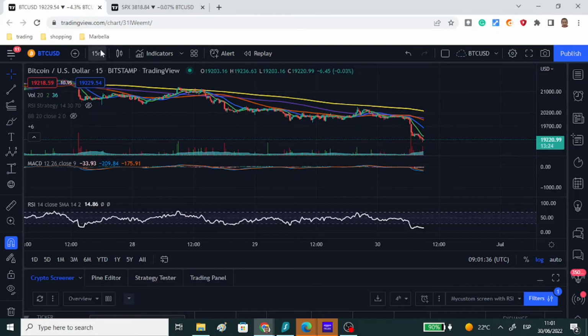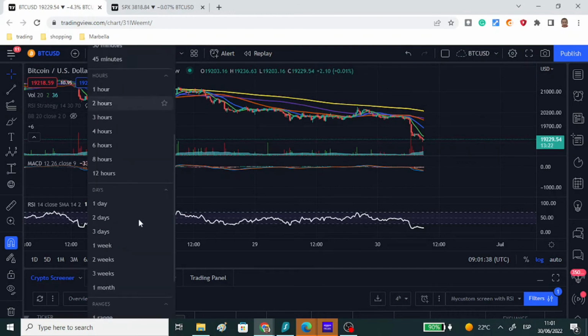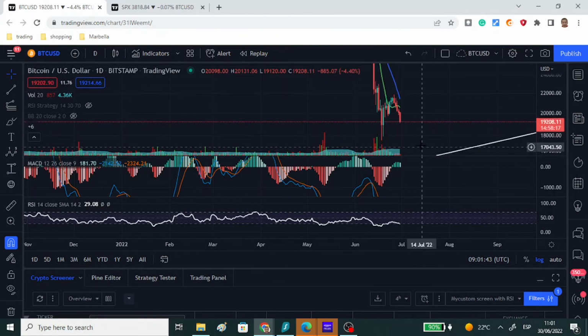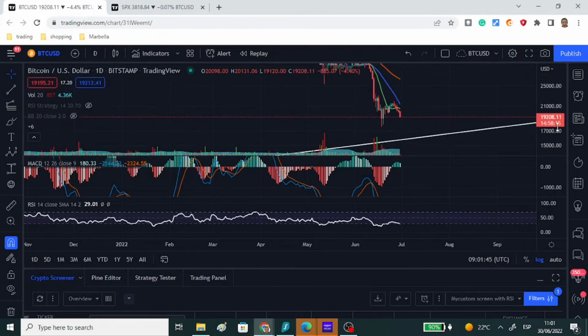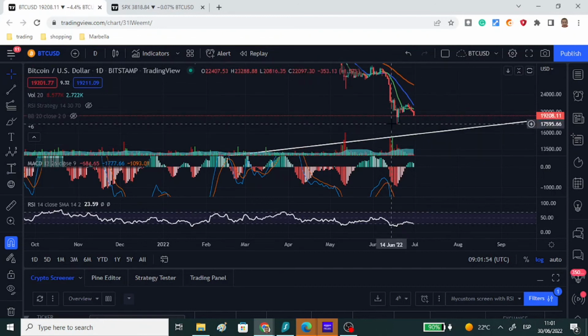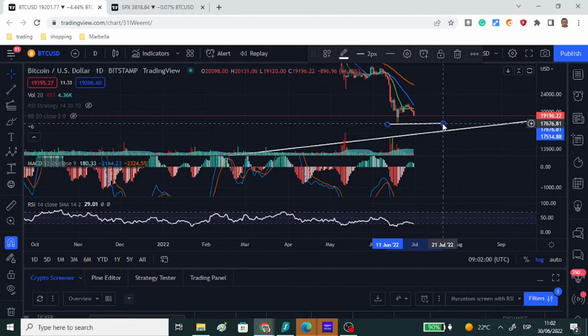So from the look of it, it's going to be really bearish. It might drop down to this level and bounce up, or it might find the support zone here. That's something we need to really watch out for.